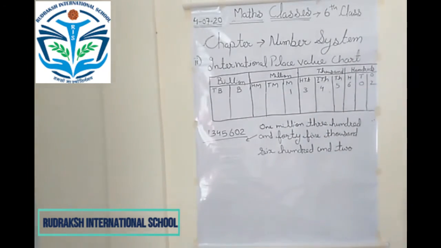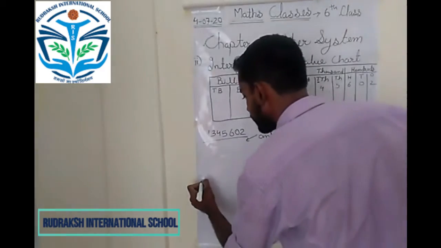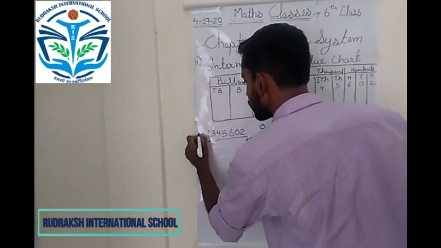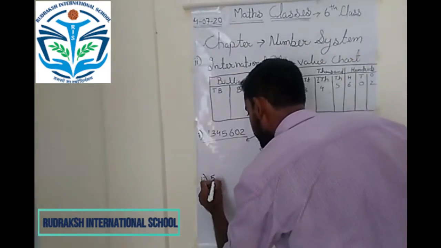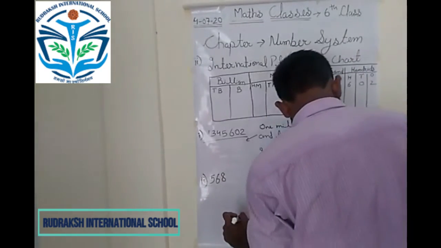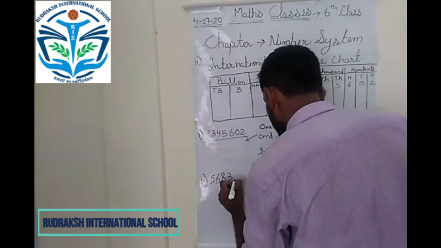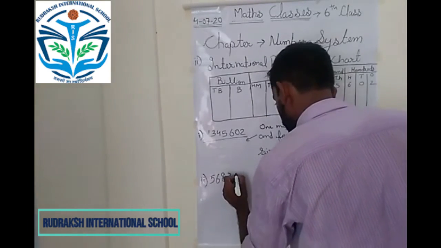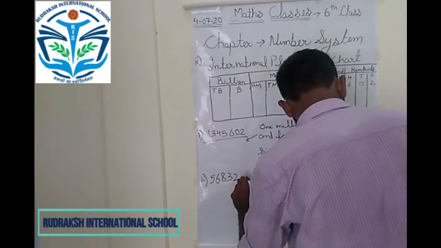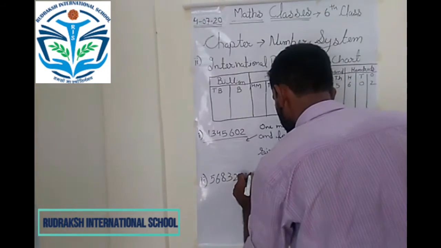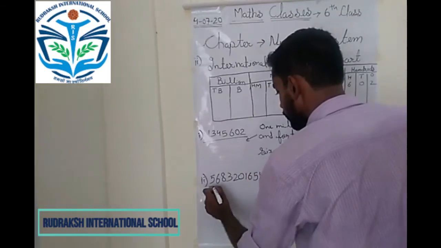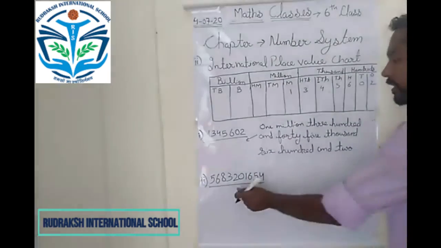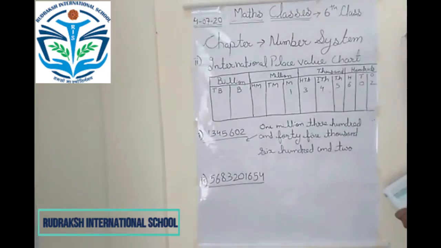Now take the second example. This was the first example, and now for the second example, the number is 5, 6, 8, 3, 2, 0, 1, 6, 5, 4. So we are having a number here. Now we have to arrange this number in the international place value chart.